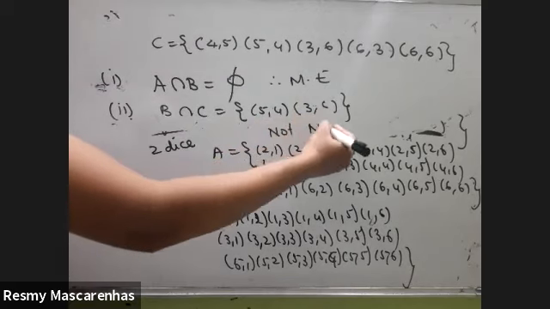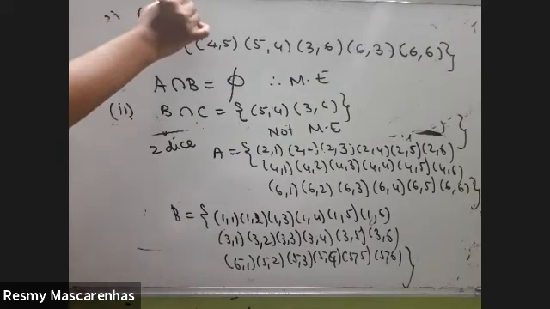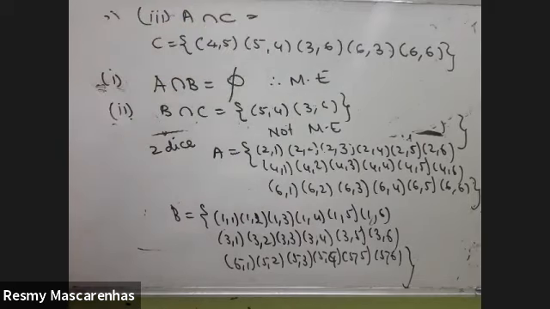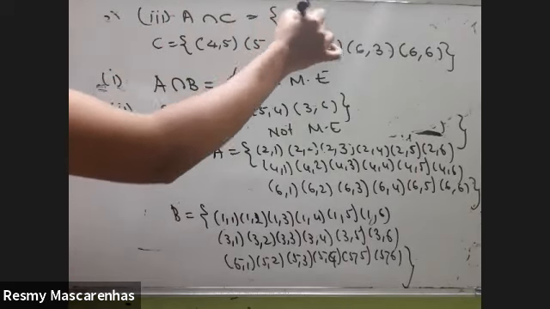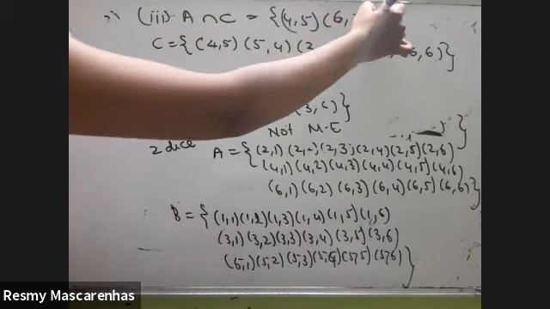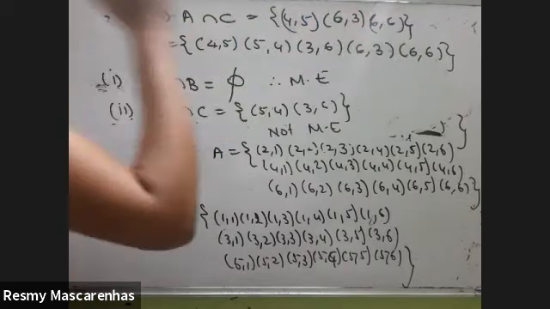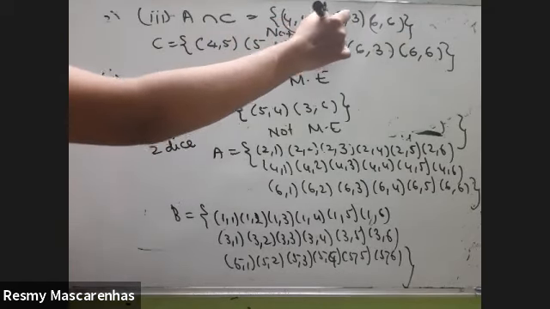So not mutually exclusive. And the last one, the third one, A intersection C. What is common? 4 and 5 is common. 6 and 3 is common. 6 and 6 is common. Of course, it is not empty. So not mutually exclusive.